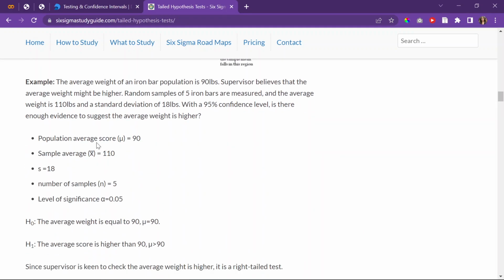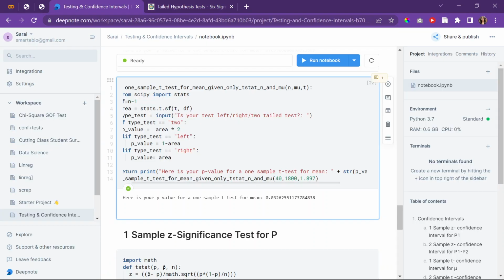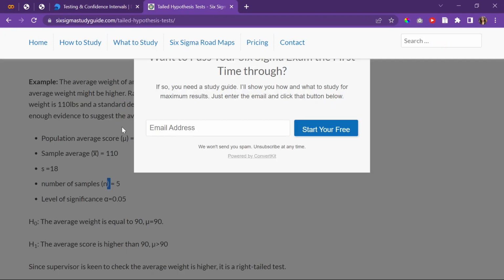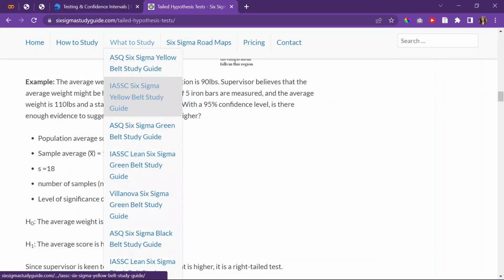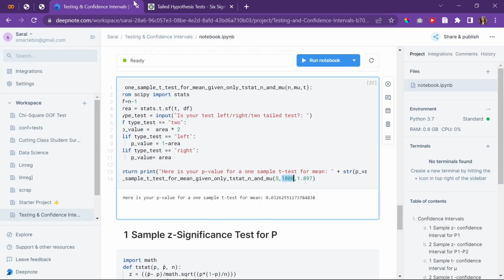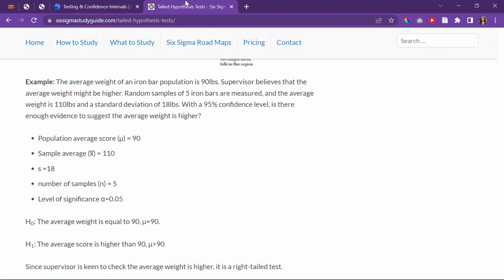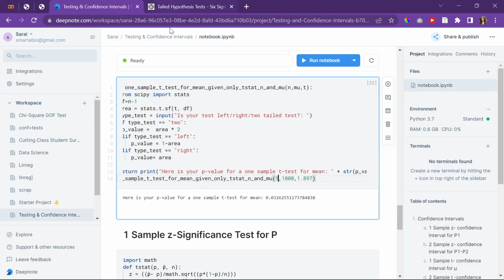Okay, good. So here they give me the stuff. So let's do 5. What did they say? 590. Oh, actually, no. What's the mu? Oh, they don't want the sample size. Actually, they do. Oh, because I already have the test statistic.